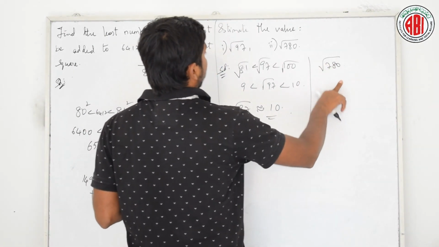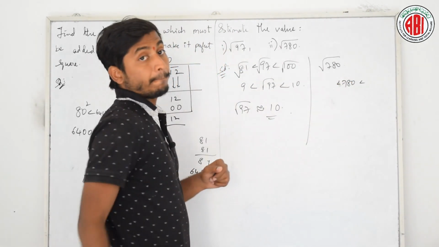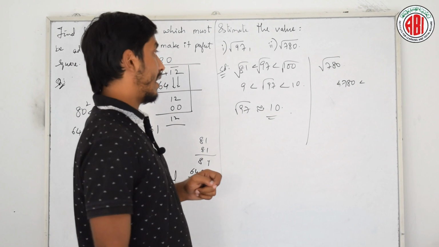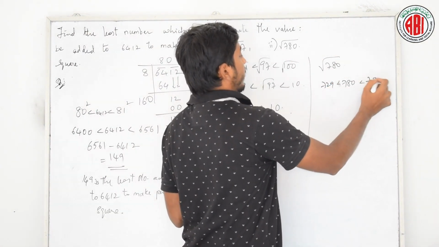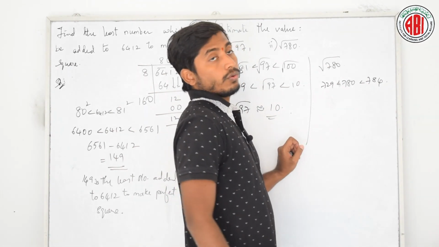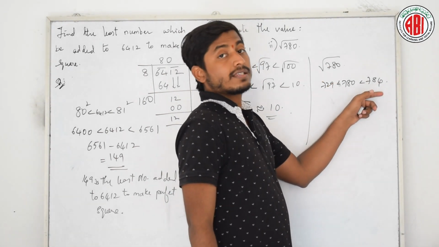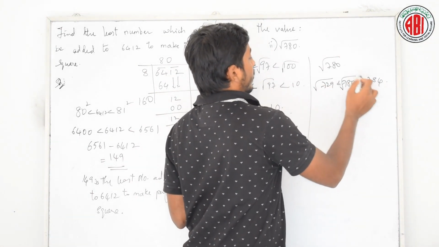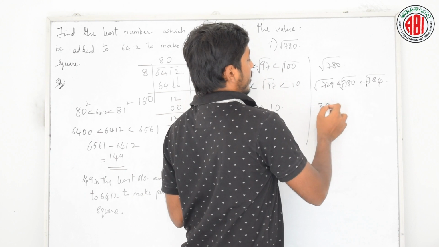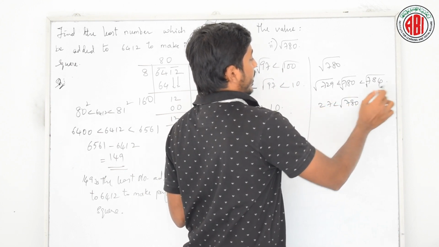Tell me, 780 lies between which two perfect squares? Those are 729 and 784. How? 27 square is 729, 28 square is 784, which means 27 is less than root 780, which is less than 28.